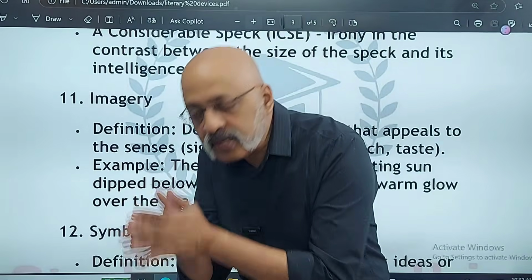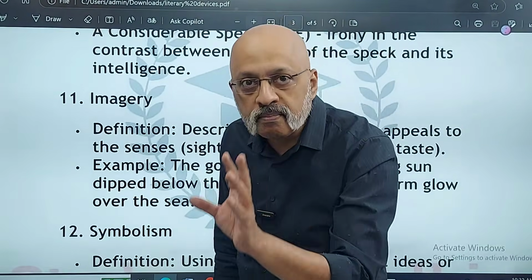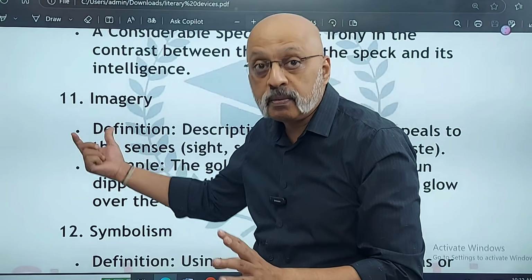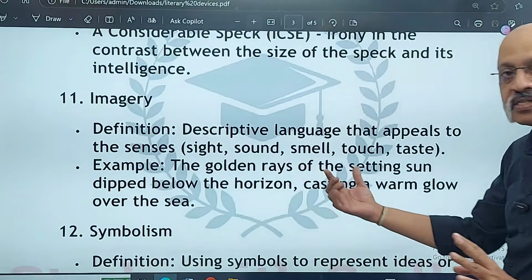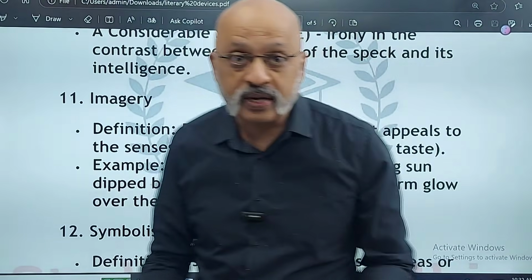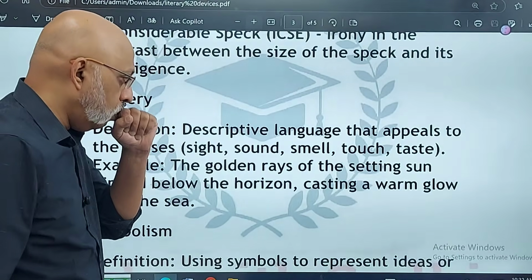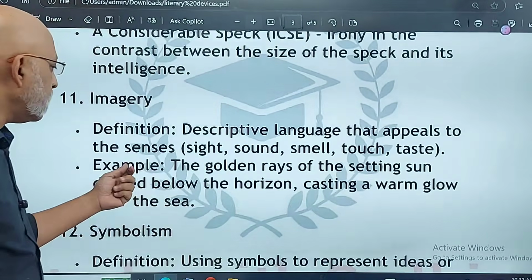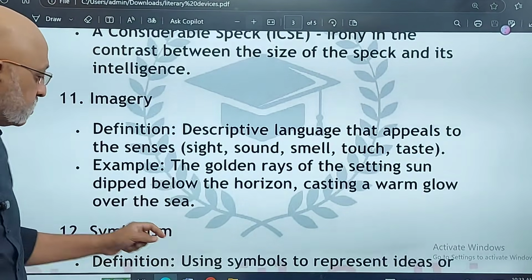Now, the moment you read this kind of a sentence, you are able to imagine, which is where this particular word is coming from. Image, imagine. You're able to imagine something like this, that it is the sunset which is being described over the sea, over the beach.